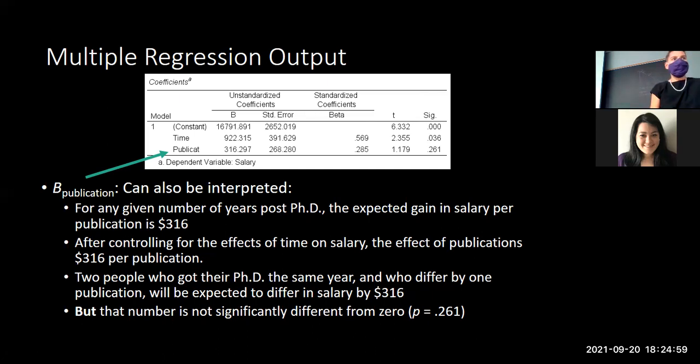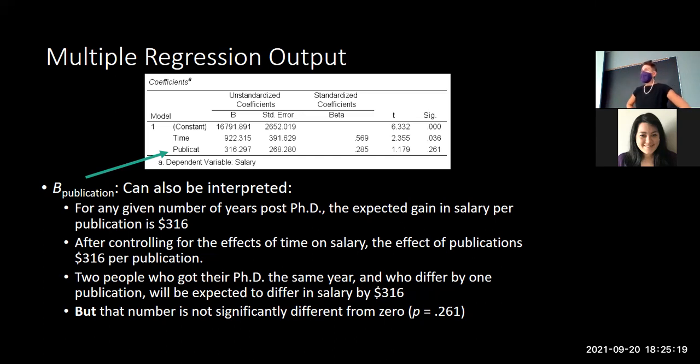In this one, I'm just changing things around. Two people who got their PhD the same year and who differ by 1 publication would be expected to differ in salary by $316. However, that number is not significantly different from 0.